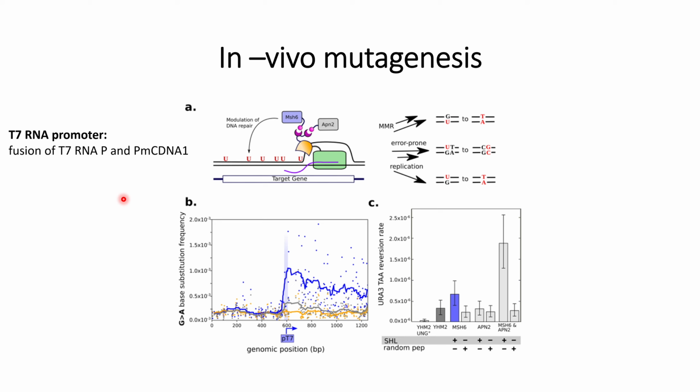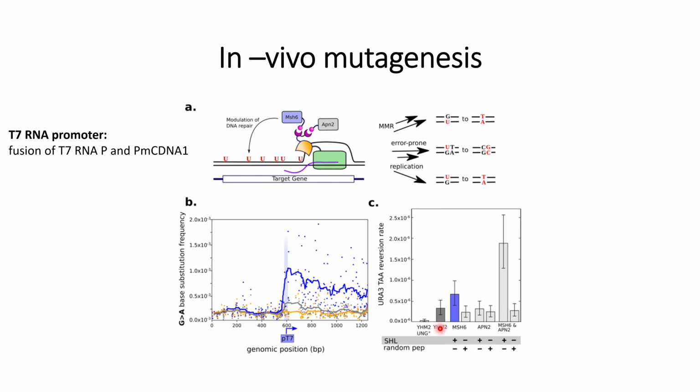Starting with the blue color, blue represents the mutation when the T7 RNA polymerase is present, and the gray color represents the control lines, whereas this blue color also represents the control lines in which T7 RNAP or PMCDNA1 is not present. You can refer to the paper to find out the exact details.